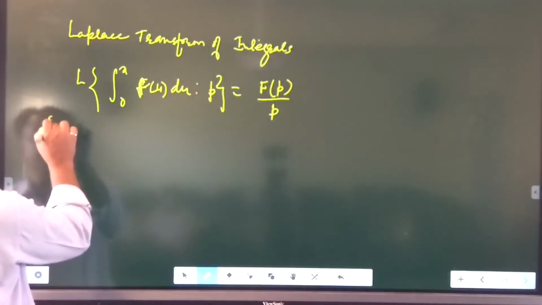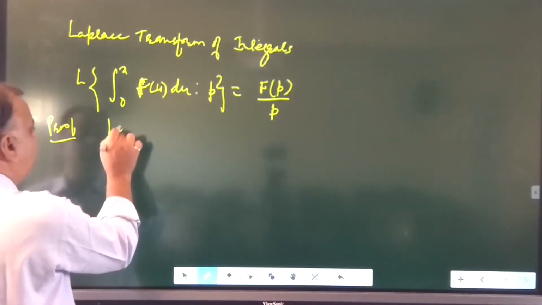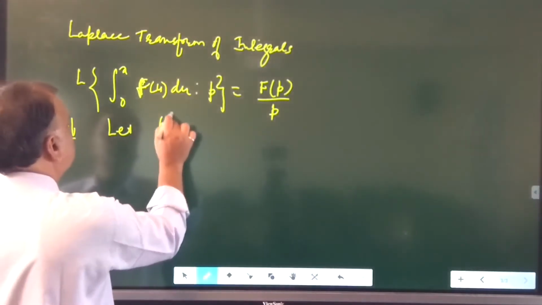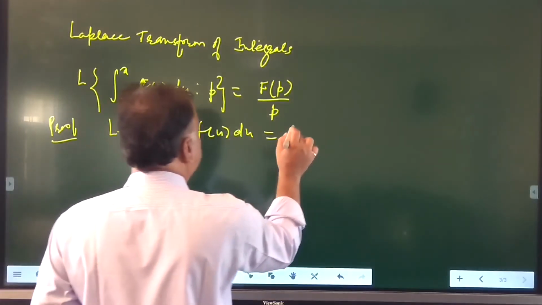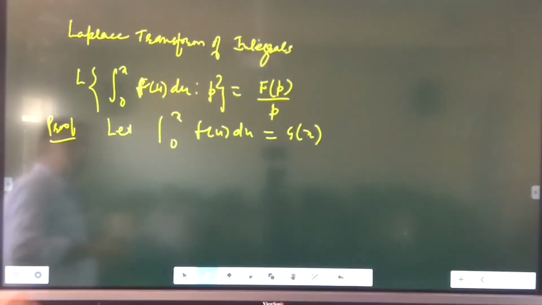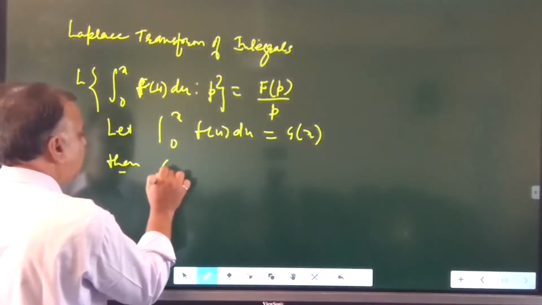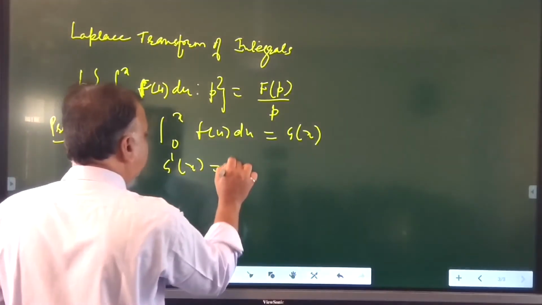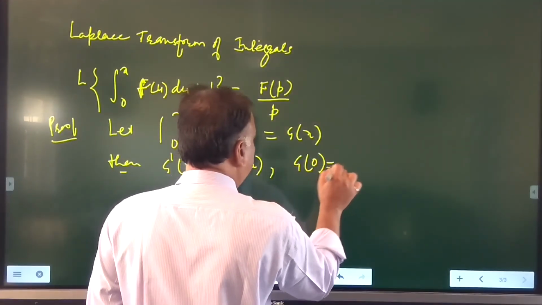The proof of this one: let the integral from 0 to x of f(u) du equal g(x). If we take g(x) equal to the integral from 0 to x of f(u) du, then g'(x) is equal to f(x).